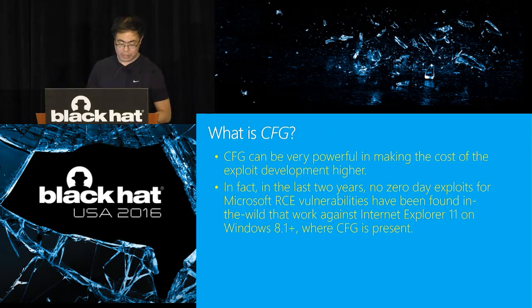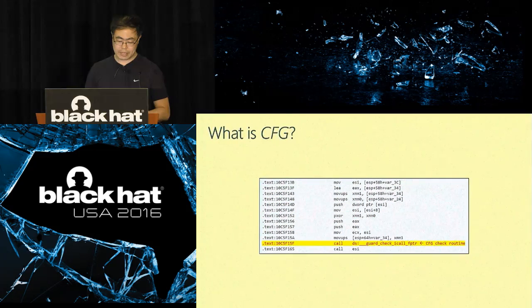So if you define it in a more formal way, actually I didn't define it here, but CFG can be very powerful in making the cost of exploit development much higher. The technique here looks very simple.